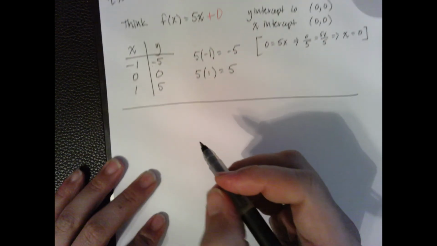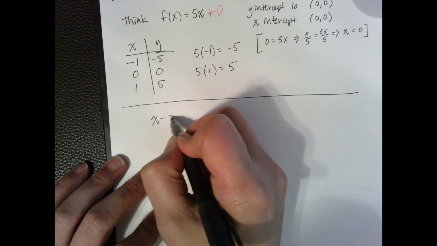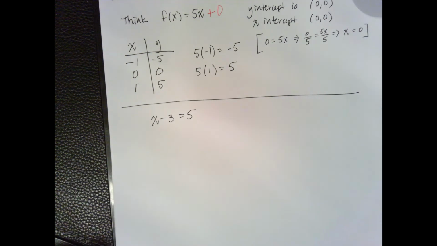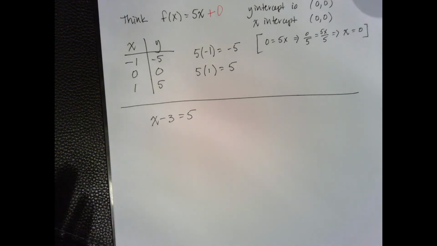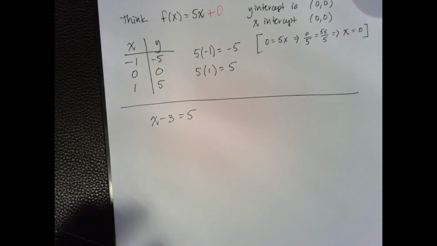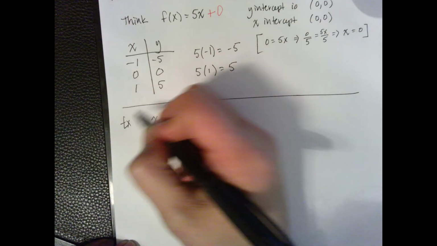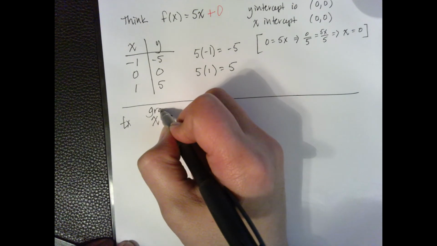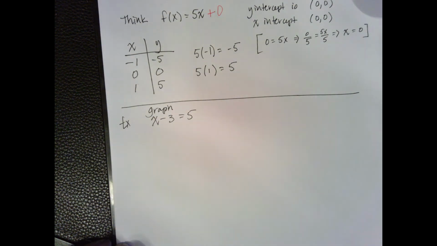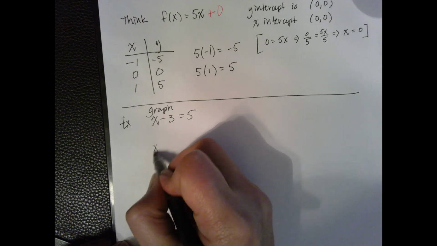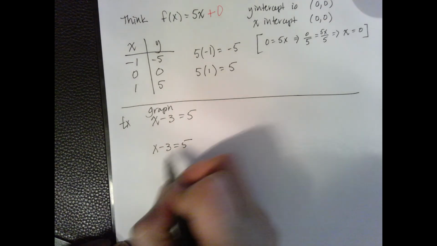If you're asked to graph something like x minus 3 equals 5, we need to finish solving this equation for x. That's the only variable we see, so we need it by itself. Okay, so for example, graph this equation. So I'm looking at x minus 3 equals 5.